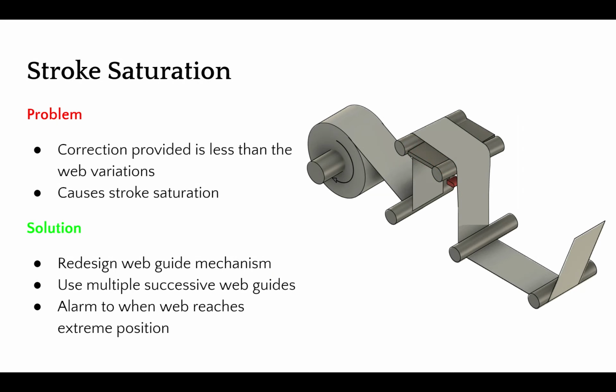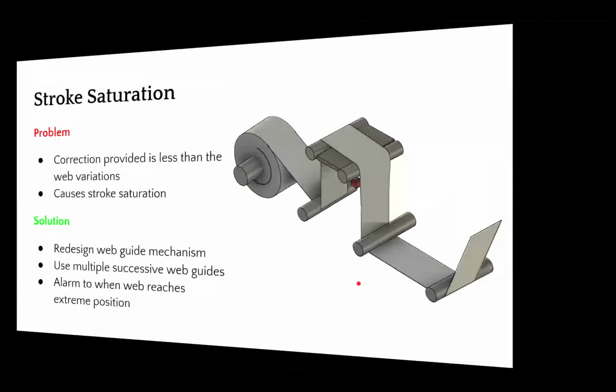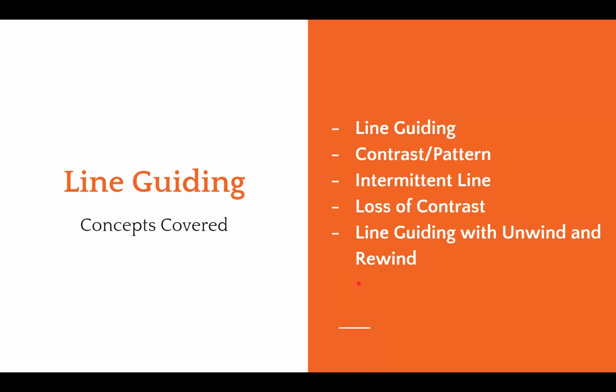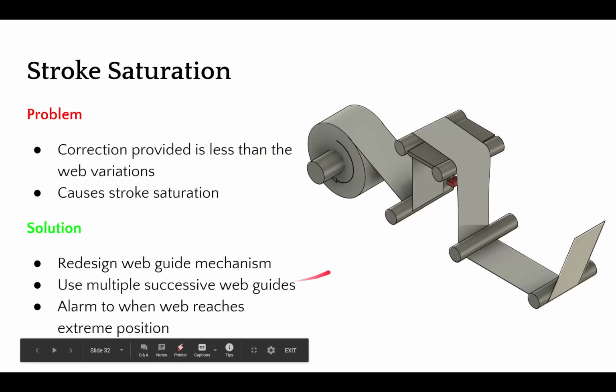Or the magnitude of disturbance is large enough that you cannot correct it with one guide, so you might have to use multiple web guides. That would be a possible solution. So those are some of the concepts in terms of edge guiding.